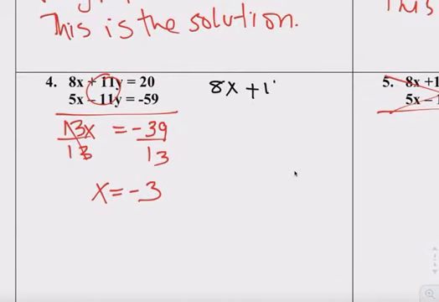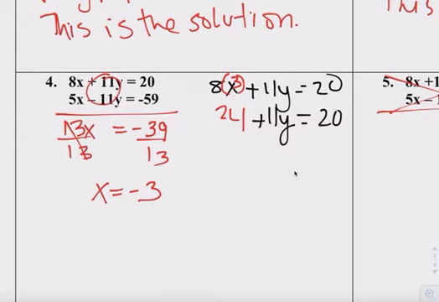8x plus 11y equals 20. X is 3, you substitute 3 in here. Get 24 plus 11y. Minus 24.